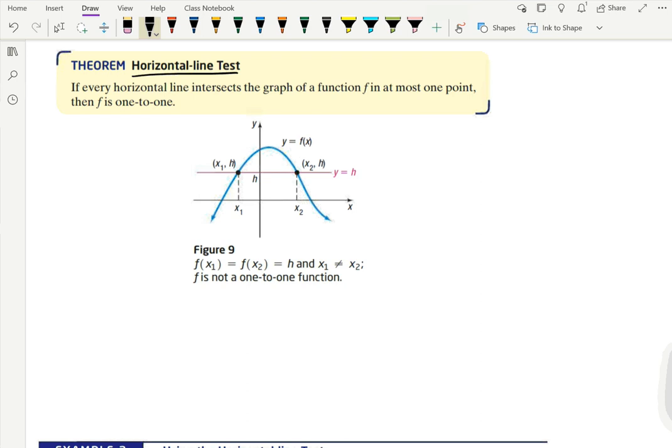So it definitely is a function. We have y equals f of x is a function. If we take a look at horizontal lines, however, so we've got this horizontal line here, because it touches the function in more than one place, then it is not a one-to-one function. So we can be a function, but not be a one-to-one function.